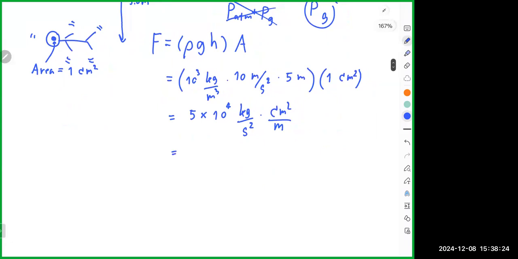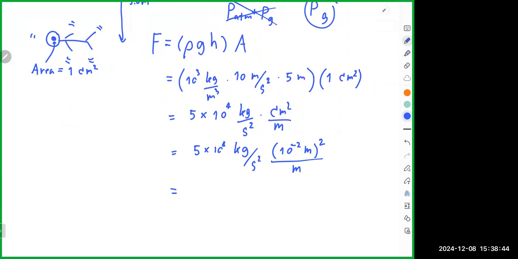You can change the unit. 1 centimeter is 10 to the minus 2 meters.